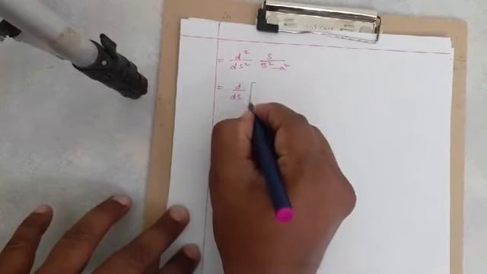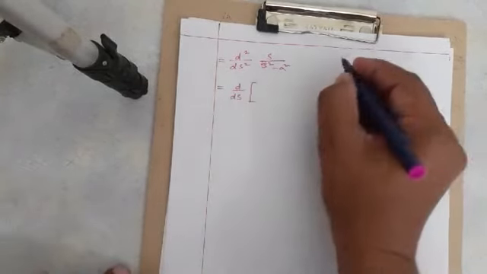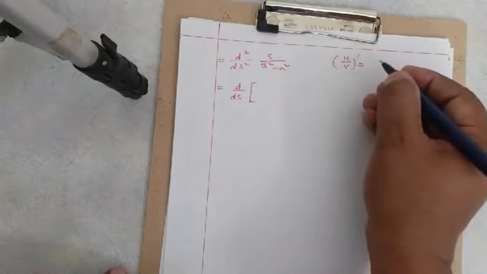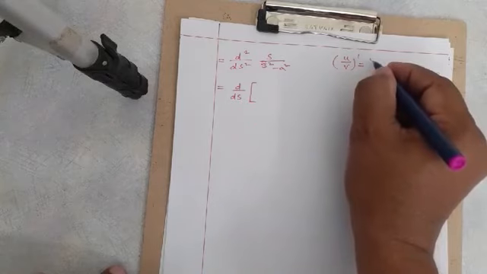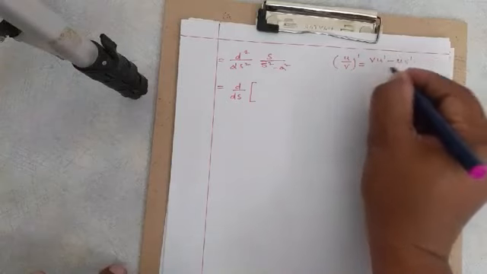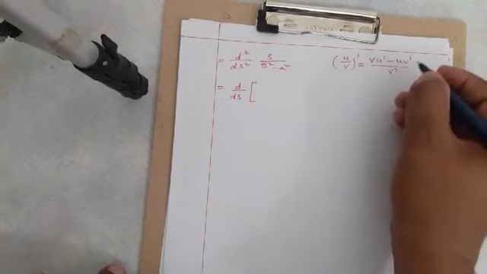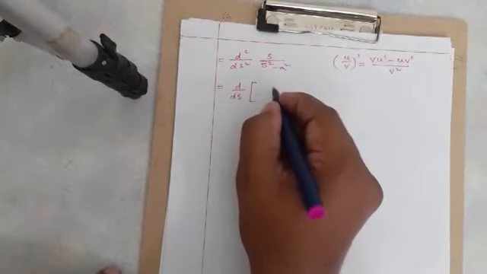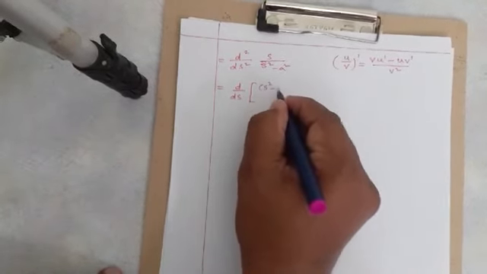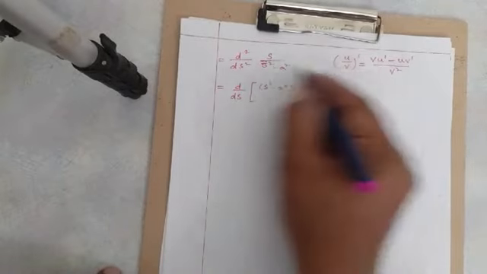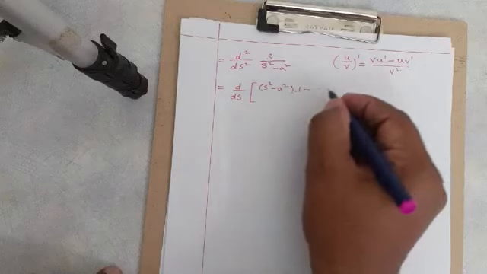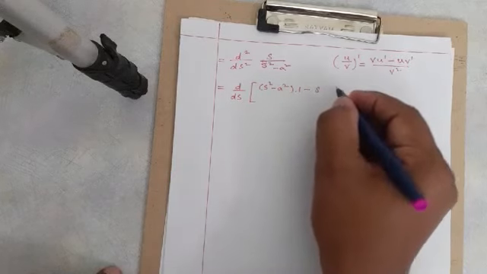Inside, that is in the form of u by v dash. U by v dash is nothing but, you know the formula, v u dash minus u v dash upon v square. So in this formula, v is s square minus a square, and when you differentiate s, that is u, that becomes 1, minus u is again s.